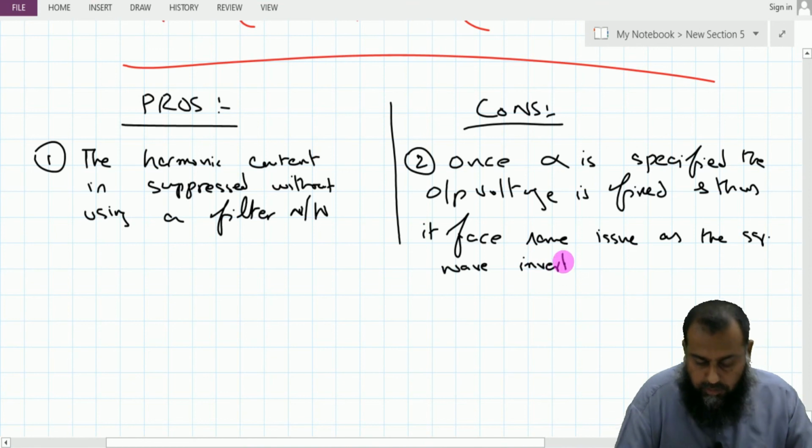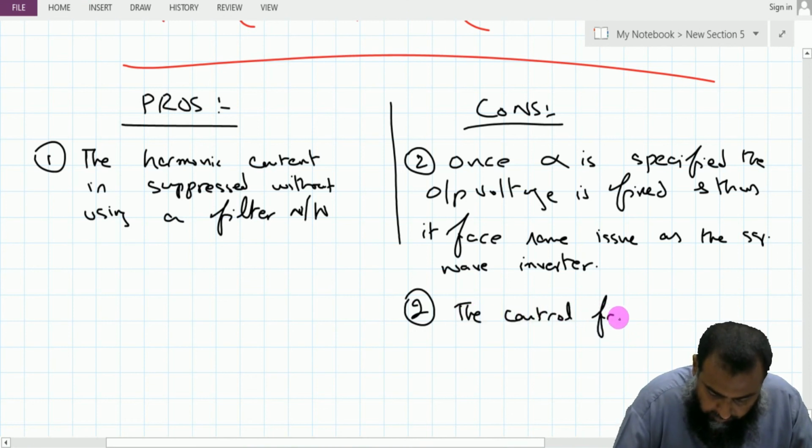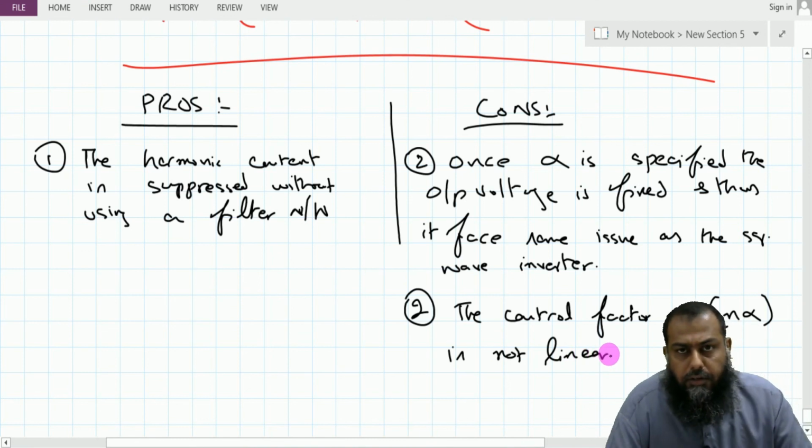This is the first issue with that. The other disadvantage here is that the control factor cosine n alpha is not linear, right? So this is another issue with this particular type of an inverter.